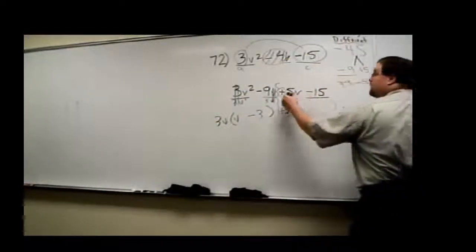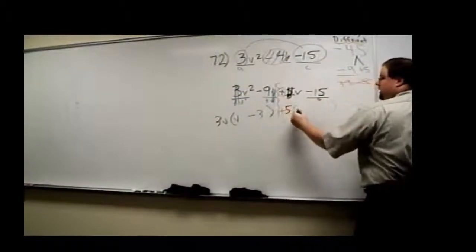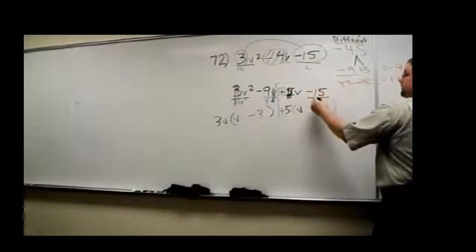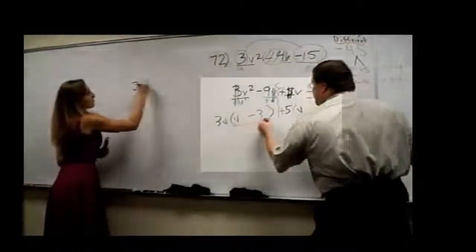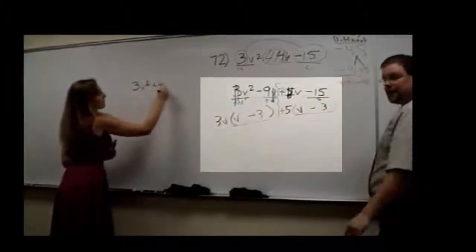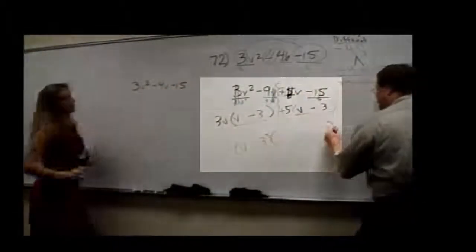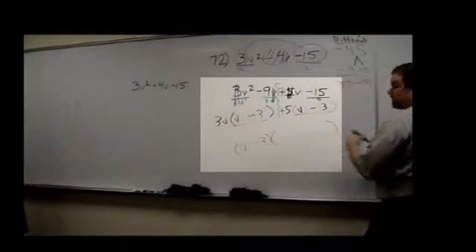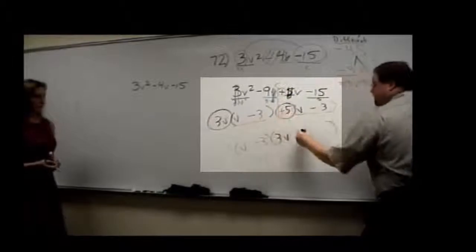So I divide by 5, this cancels, so I get b minus 15 over 5, which is 3. This is the part where I'm very happy because both of my factors here are the same. That means I'm done. So my first factor is b minus 3, and my second factor is 3b plus 5.